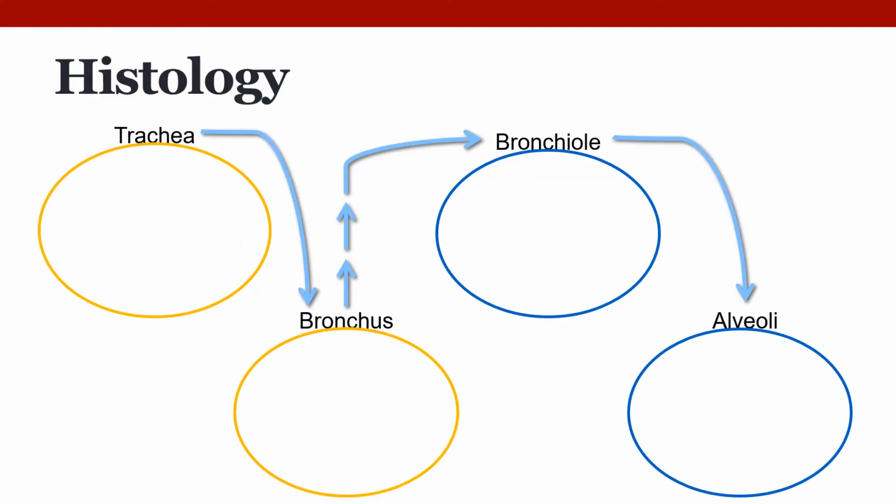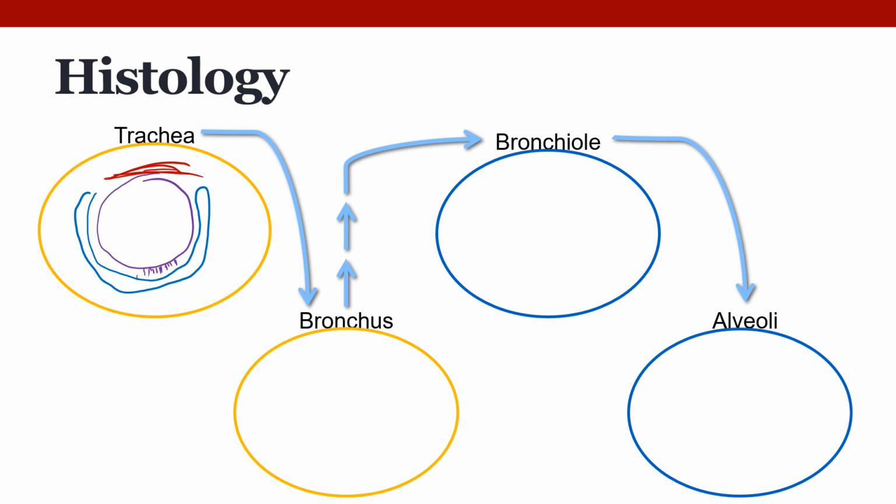Okay, so what we're going to see is that the trachea has pseudostratified columnar epithelium, C-ring cartilage all the way around it like this, and a smooth muscle layer on the posterior side.